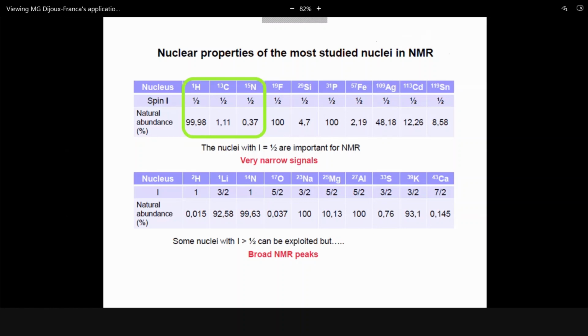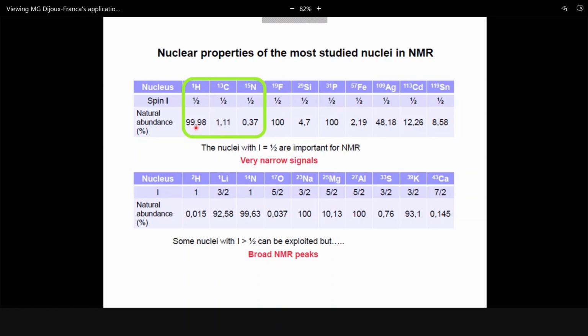Here is just an example of different kinds of nuclei and the value of the spin number I. And you can see that for the proton, we have a spin number of 1/2, but it's the same for carbon-13, nitrogen, and many other elements. For example, phosphorus also, fluorine.